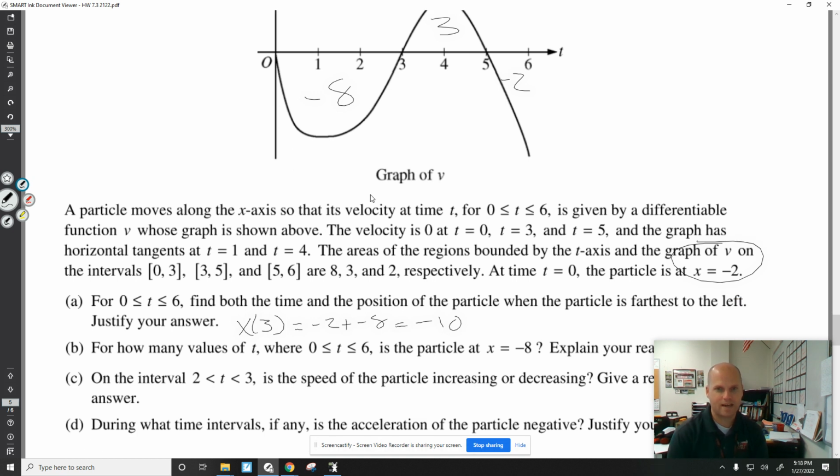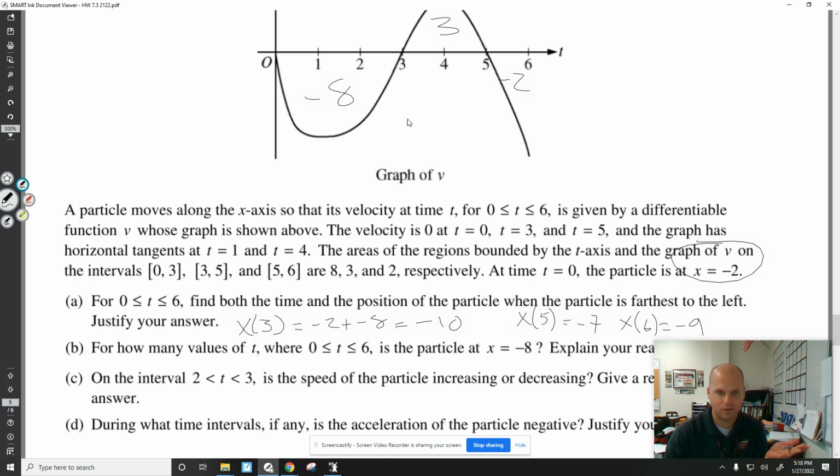The only other candidate is X of 6. You can literally just list off all your candidates when your derivative equals 0. I'm not going to worry about justifications for this. Like, your other candidates are technically 5, and your position is going to be negative 7 and 6, and your position is negative 9.